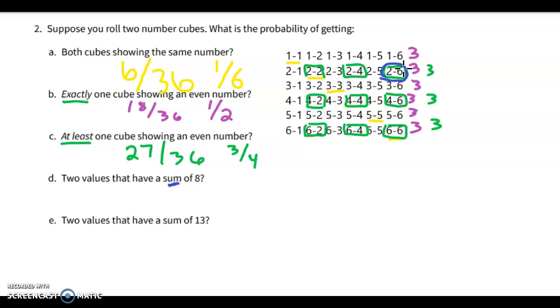So anything that was a 2 and a 6, well, that's going to happen here, and it's going to happen here. All right. Let's see what else we got. So we got 4 here, 5, 6, 7, 8. So anytime we have a 3 and a 5, that will equal 8. So we have 3, 5 here, 3, 5 here.